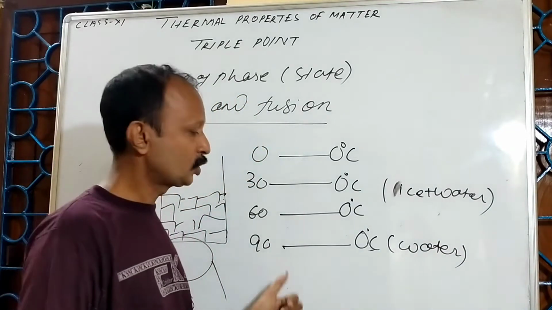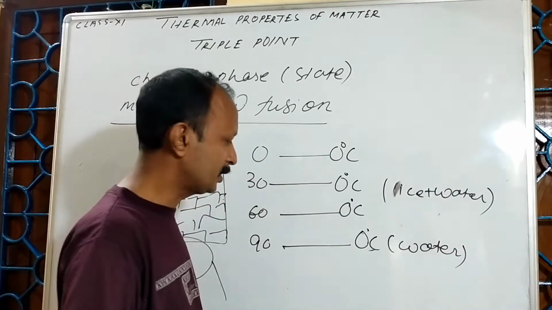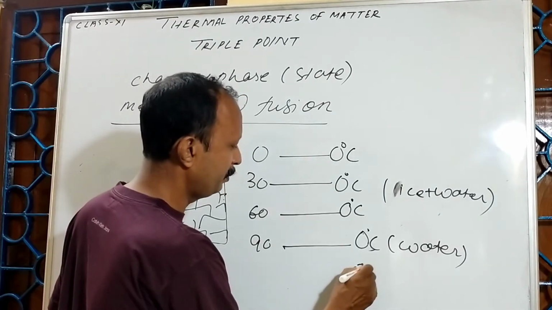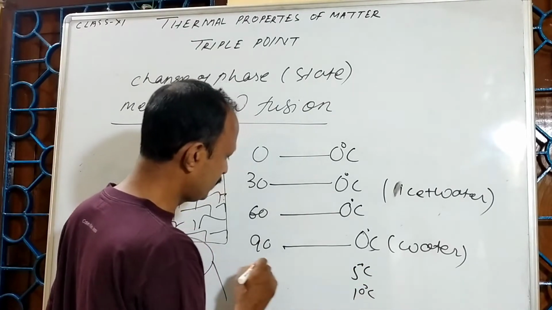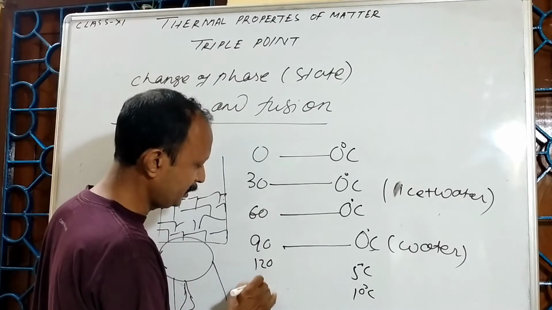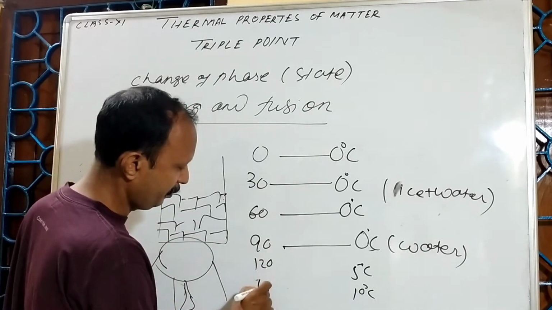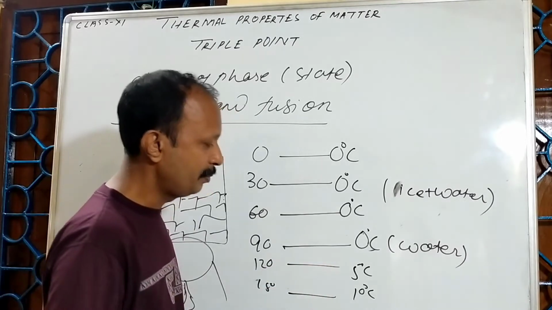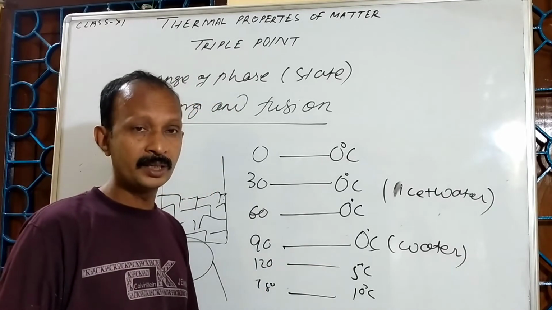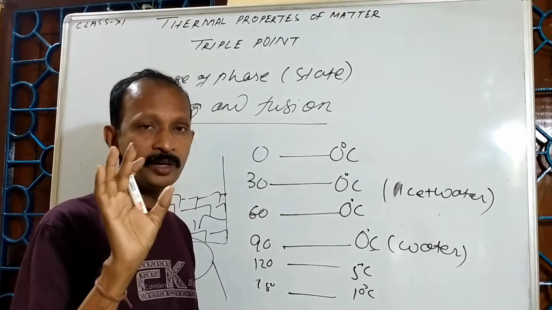Slowly and slowly the temperature increases. Suppose 5 degrees Celsius, 10 degrees Celsius, time increasing 90, 120, 150 seconds I am taking, but temperature started increasing. That time only water you will find.